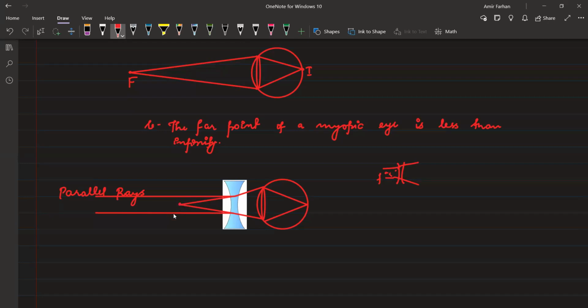So marking from here, this is basically I, the actual image formed.